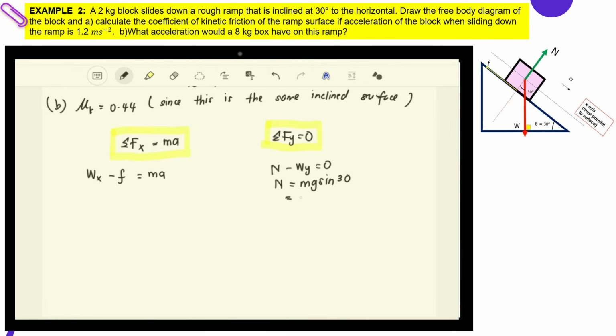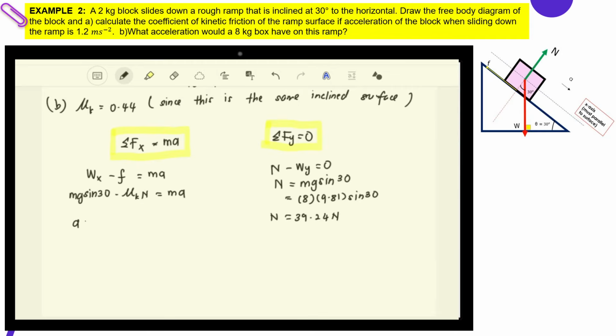So mass saja bertukar daripada 2 kepada 8. So n is equal to 39.24 Newton. And for this one, Wx is equal to mg sin 30 minus mu k n equal to ma.